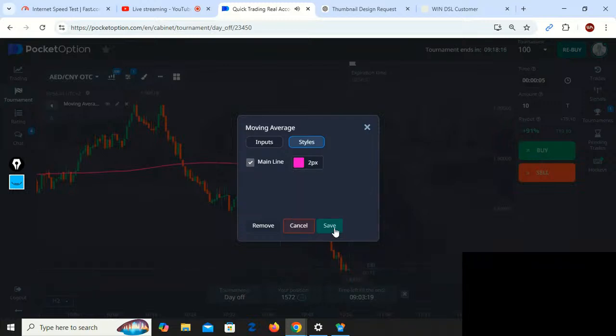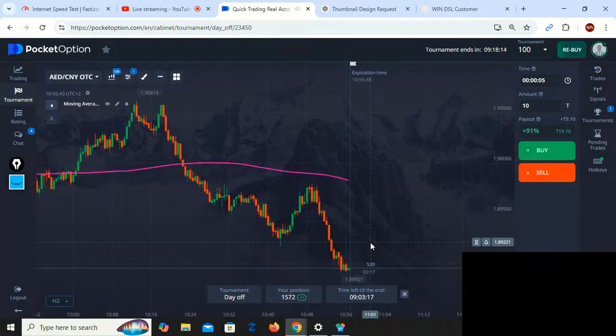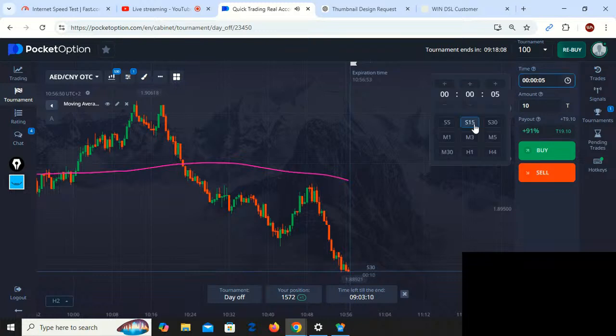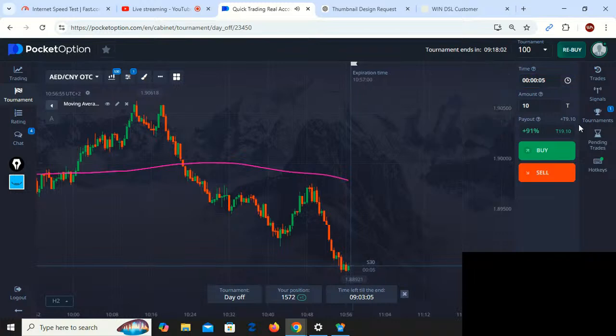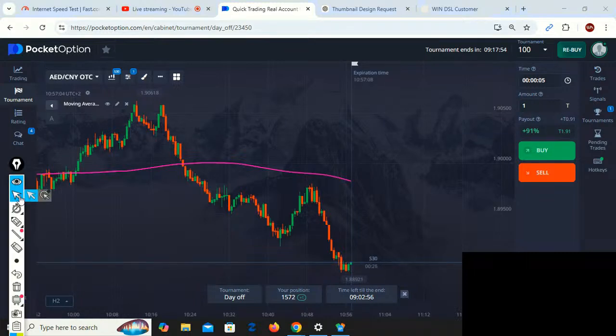2 pixels. I like to make it thick and click save. And then you need to adjust your expiry time over here. By default, it's 5 seconds. So you can change the expiry over here. So you choose S5. Adjust the first trade amount to $1. The next thing you should do is add as many pairs with more than 90% payout.